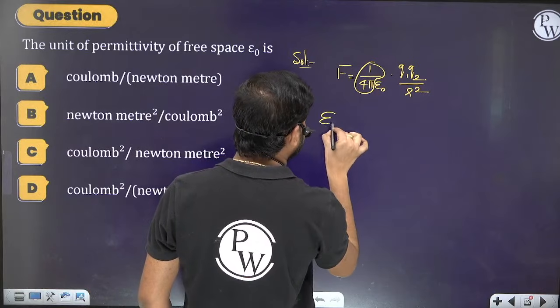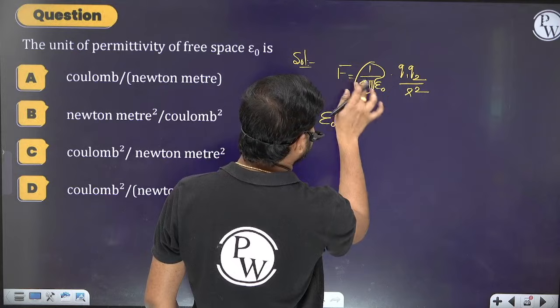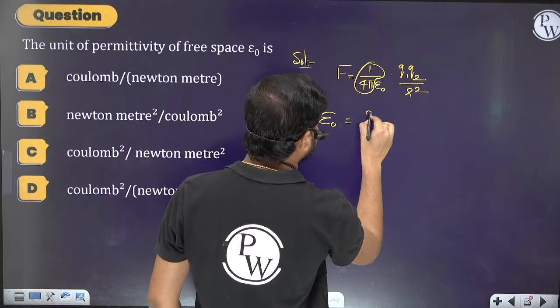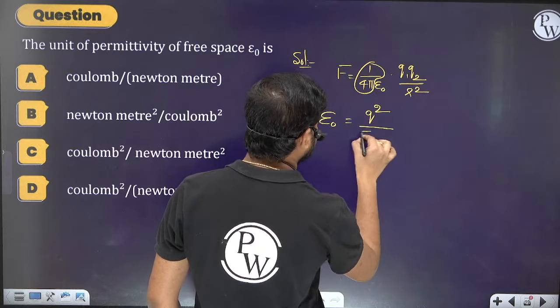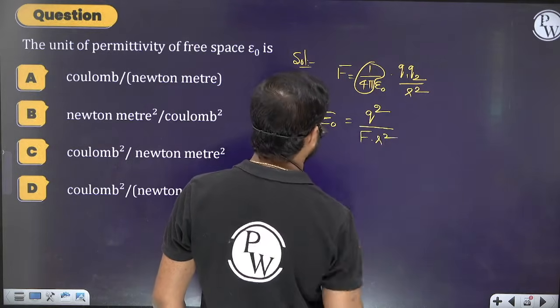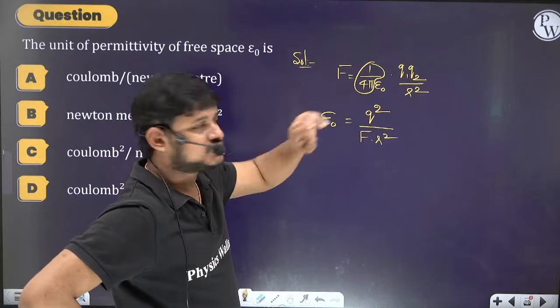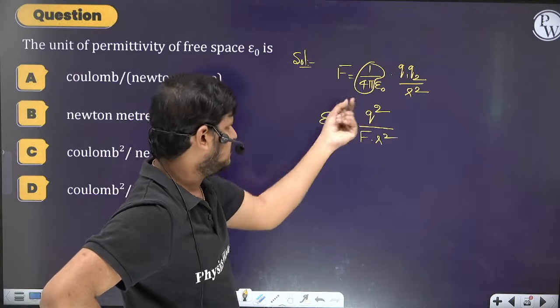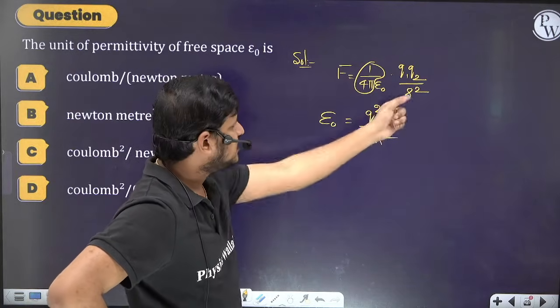So I am writing epsilon naught is equal to, sending this to this side and force to this side, Q square by F into R square. Consider them as identical charges, then Q into Q will become Q square. So epsilon naught I sent to this side, F I sent to this side, then R square.